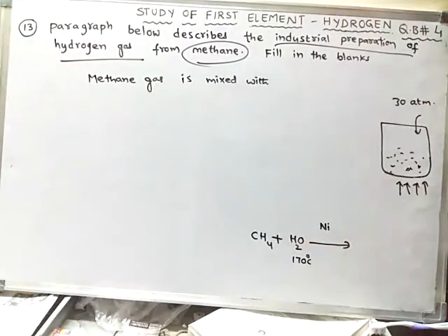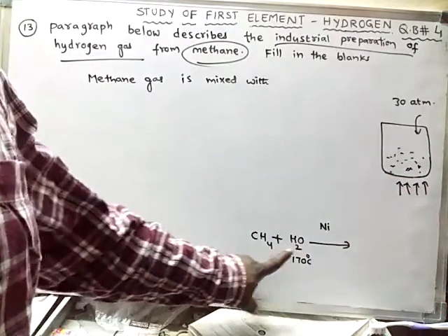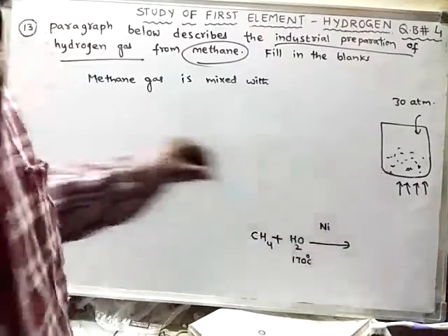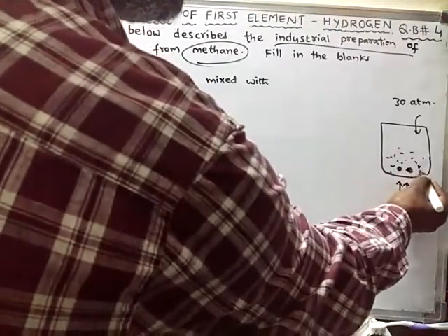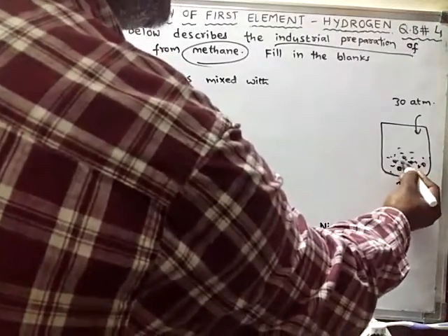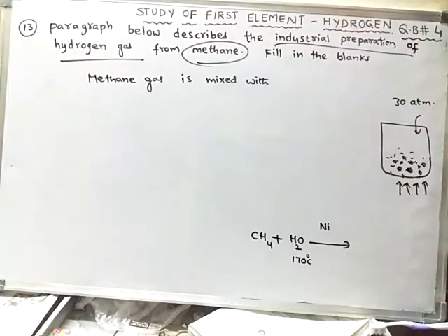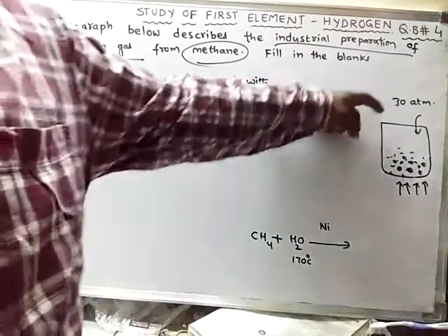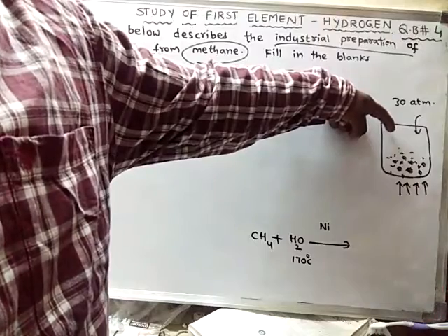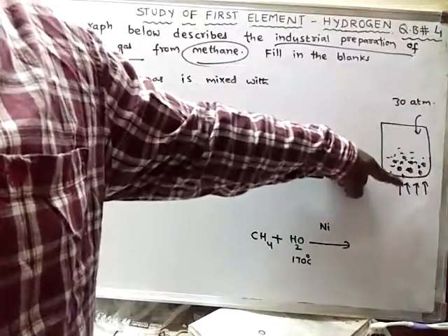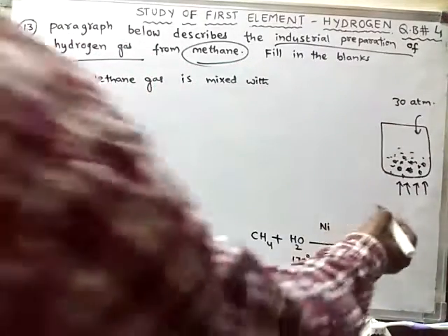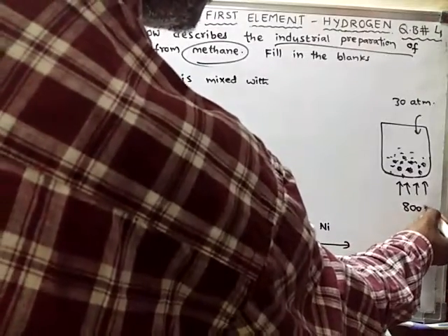In order for these two substances to react, we have to add nickel catalyst into this one. We have to provide 30 atmospheres of pressure, very high pressure, and heat this mixture to nearly 800 degrees centigrade.